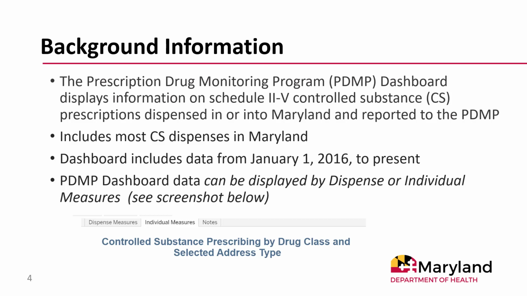If you are interested in understanding how many patients are impacted by CS prescribing, I would recommend viewing the Individual Measures tab. First, select the appropriate measure by choosing either the Dispense or Individual Measures tab. As a reminder, more detailed information is available in the dashboard manual and in the Notes tab on the dashboard.